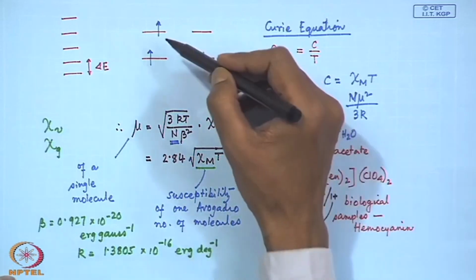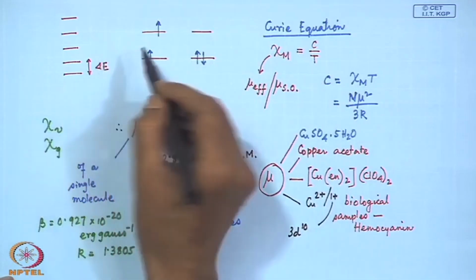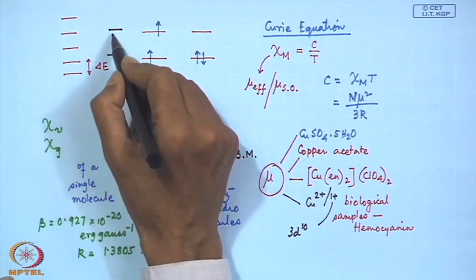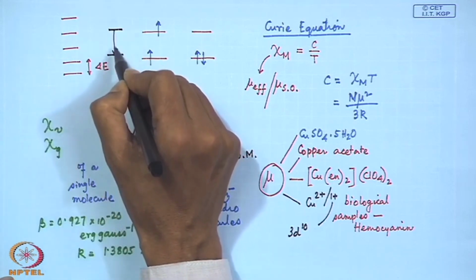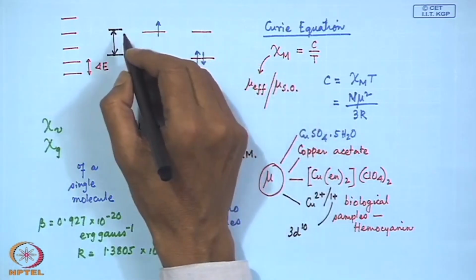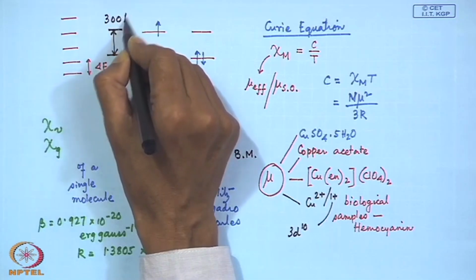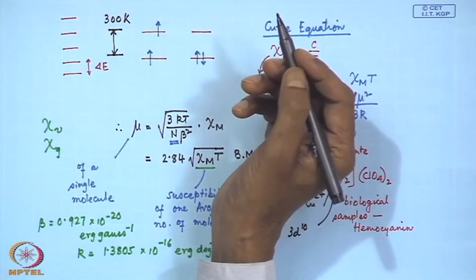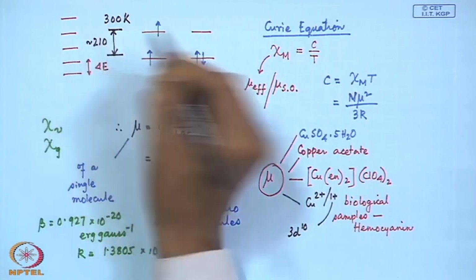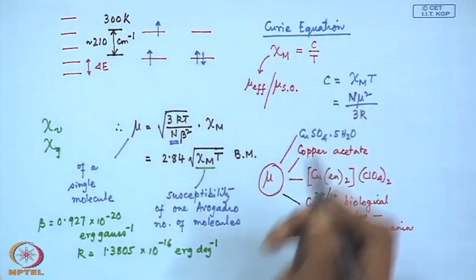susceptibility, and these distributions, because whenever we get these particular delta E values, at the same time we should have some basic idea about the width of the thermal energy, that is, what is the available thermal energy at a particular temperature. So if the temperature is in the range of 300 Kelvin, we get a kT value equal to about 210 centimeter inverse.